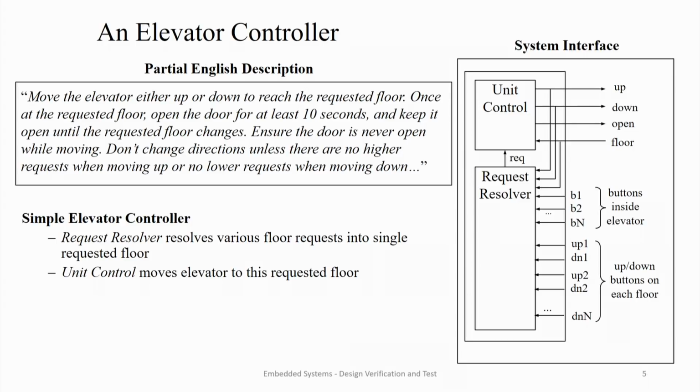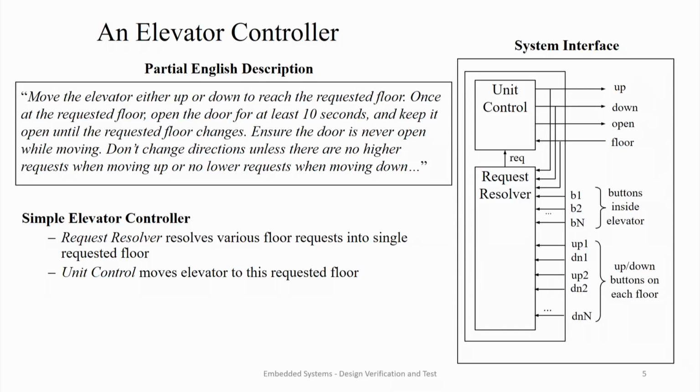So, requests are coming from outside through your up and down buttons at various floors, and you also have the request buttons inside the lift. All these requests together have to be resolved through an algorithm, so that you finally have one requested floor. So, the request resolver resolves various floor requests into a single requested floor, and you have the unit control which moves the elevator to this requested floor.